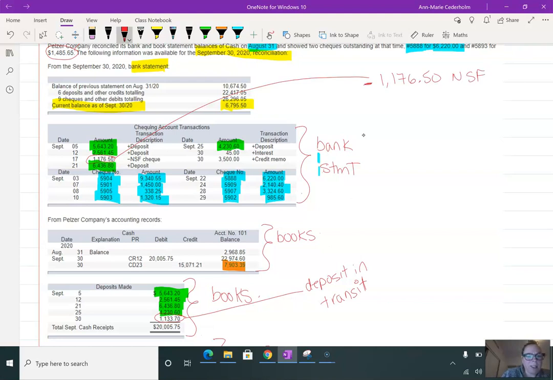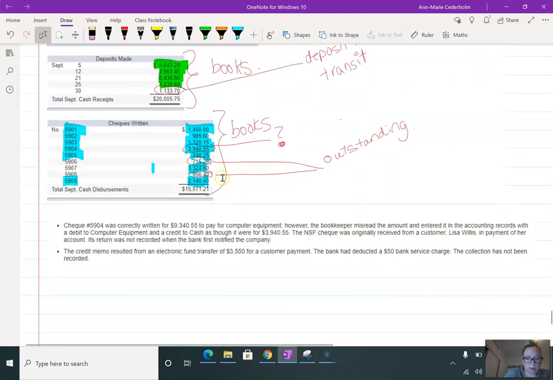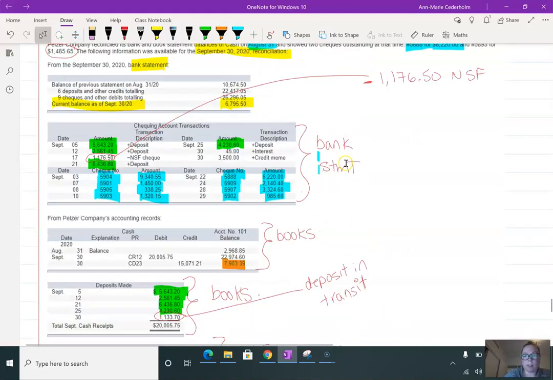And we need to see who that was to. So basically what happened is a customer paid us, and then they didn't have enough funds in their bank account, so it came back to us as NSF. So it'll probably give us more detail down here. It says the NSF check was originally received from a customer, Lisa Willis, in payment of her account. So we'll put her up here, Lisa Willis.